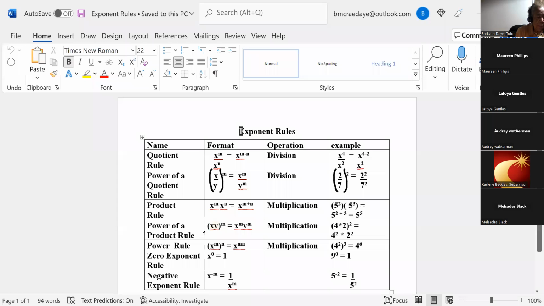With the power rule, if you have a power and you're raising that expression to a power, you multiply the two exponents. Of course, you remember anything raised to the 0 power is 1, whether it's a variable or a number. And for the negative, you flip it and make it positive, so x to the minus m is 1 over x to the m.